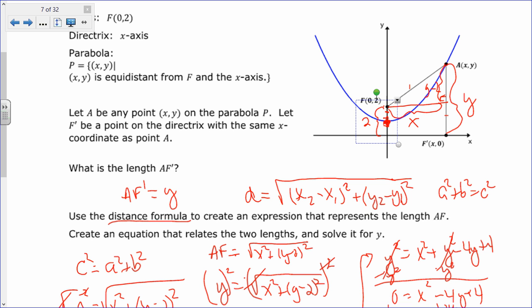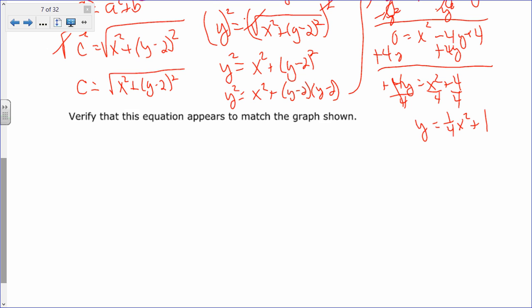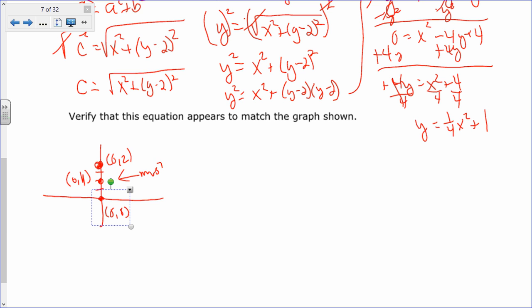So that means that this point has to be the point 0, 1, and that point has to be on my graph. So I'll kind of recreate that down here. This was my directrix. This was the point 0, 0. I know that the focus is the point 0, 2. So that means that this has to be congruent to this. So this point over here is the point 0, 1, and it must be halfway.